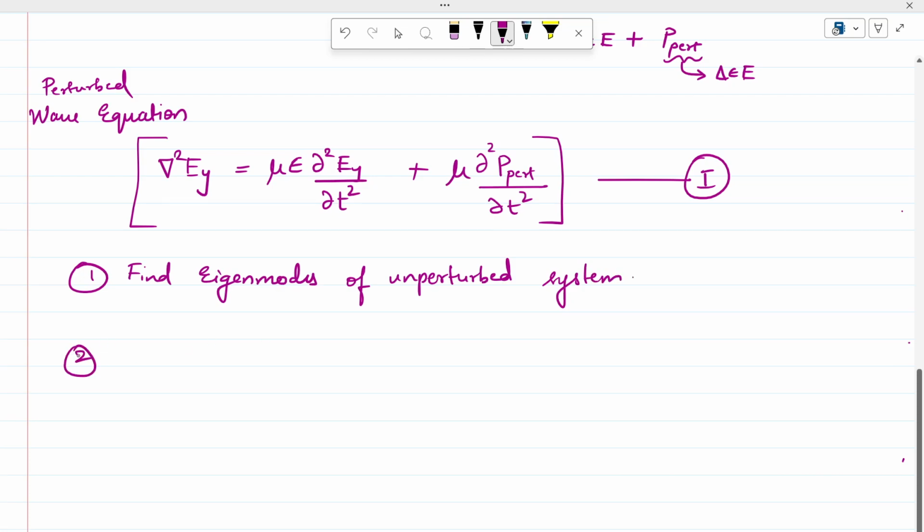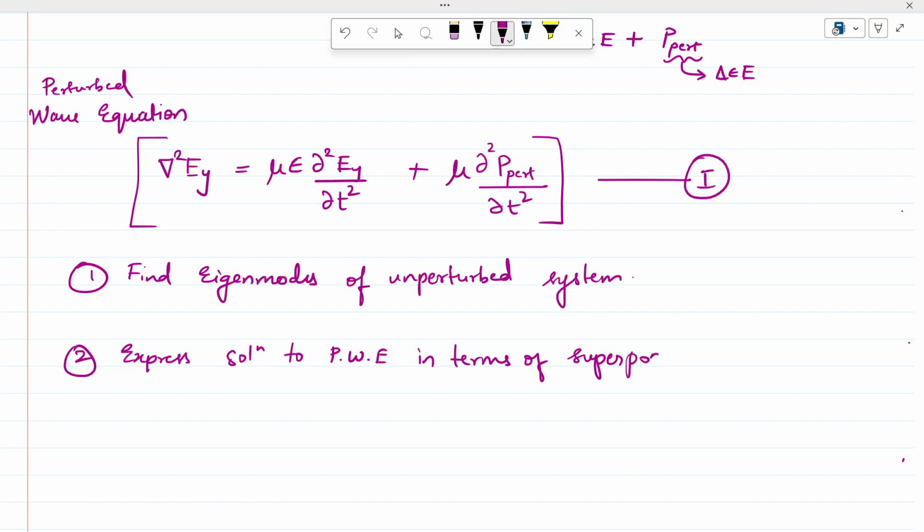And then we express our solution to the perturbed wave equation in terms of a superposition of these eigenmodes. Once we have expressed it in terms of a superposition of eigenmodes, we just substitute it back in the equation to find the solution.